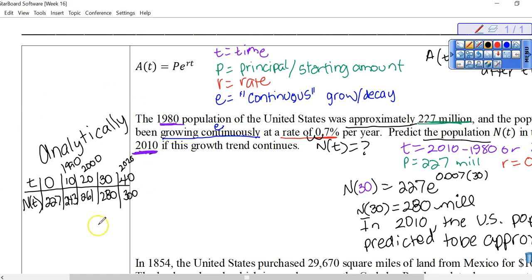Now, this will help you to get your final point. I would also like to see graphically what this data looks like. But I am going to challenge you. This is an example of exponential growth, which means that your graph should curve. It should not be a straight line, which might be difficult to do. So be thoughtful.